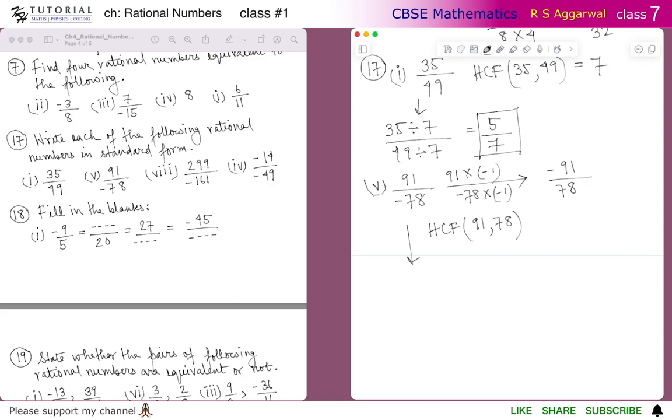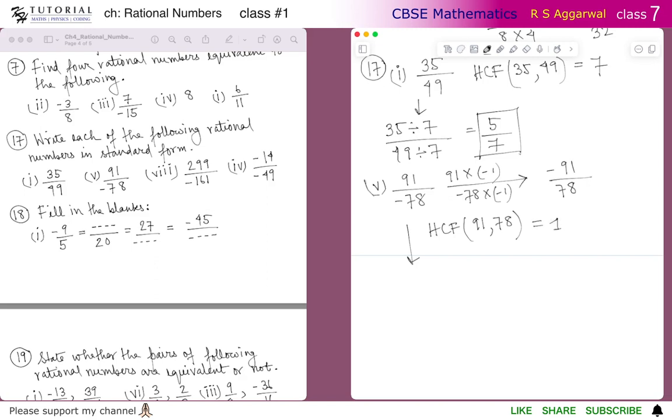Highest common factor, what will be? 7, no, not 7, 3, no. I think the HCF of these two is 1 only. Yeah, I think this is equal to 1.